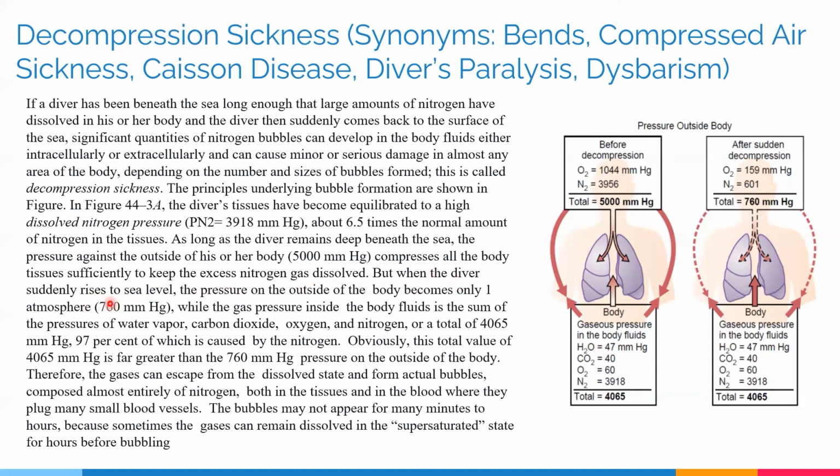But when the diver suddenly rises to sea level, the pressure on the outside of the body becomes only 1 atmosphere, which is 760 millimeters of mercury. While the gas pressure inside the body fluid is the sum of the pressures of water vapor, carbon dioxide, oxygen, and nitrogen, or a total of 4065 millimeters of mercury, 97% of this is caused by nitrogen. Obviously, this total value of 4065 millimeters of mercury is far greater than the 760 millimeters of mercury pressure on the outside of the body.